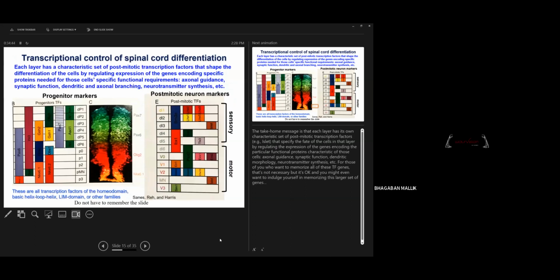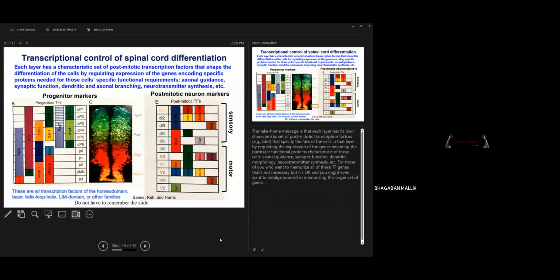Here again, this is a very complicated slide, but I want to make it very simple. Here I'm showing what transcription factors are expressed in progenitor cells. You have progenitor cells, and then you have the post-mitotic neuron, which forms the differentiating cells. These are the set of transcription factors present in the progenitor cells. You can see that this is the spinal cord showing different expression of different genes.